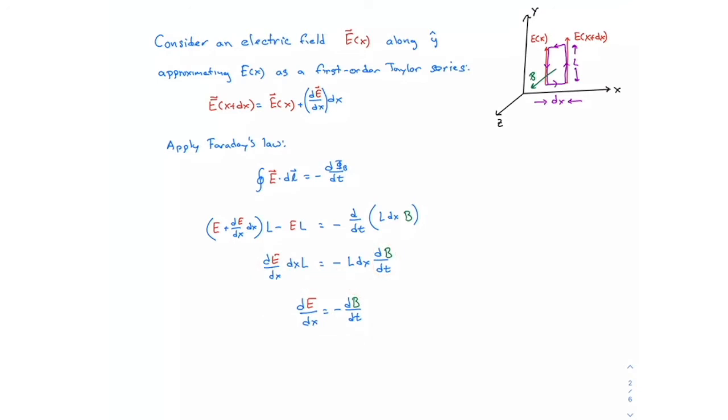So there's a relationship between the time rate of change of the magnetic field and the slope of the electric field, or the spatial rate of change that I get from Faraday's law. So this says if I have a changing magnetic field, there must be an electric field around it that varies, or vice versa. If I have a varying electric field in space, there must be a time-dependent magnetic field.